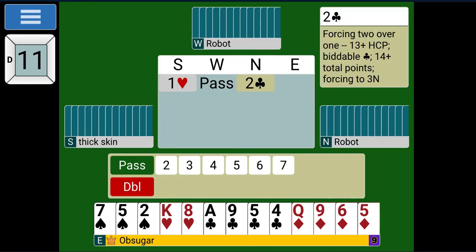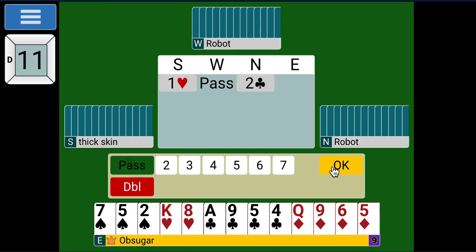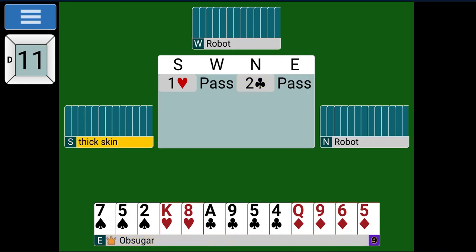Okay, so here we are. I don't believe I have a bid. Nope. Need south to open heart.